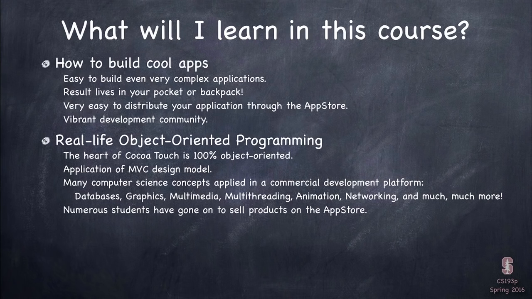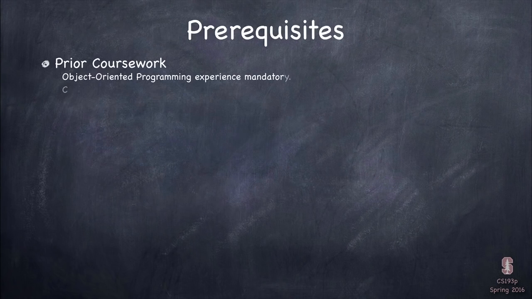Some of the things you're going to learn: object-oriented databases, graphics with object-oriented programming, multimedia, multi-threading, animation, networking, all kinds of stuff that you're learning in your other computer science classes. You're going to do it for real here in this class. So it's kind of a practical synthesis class for all that stuff.